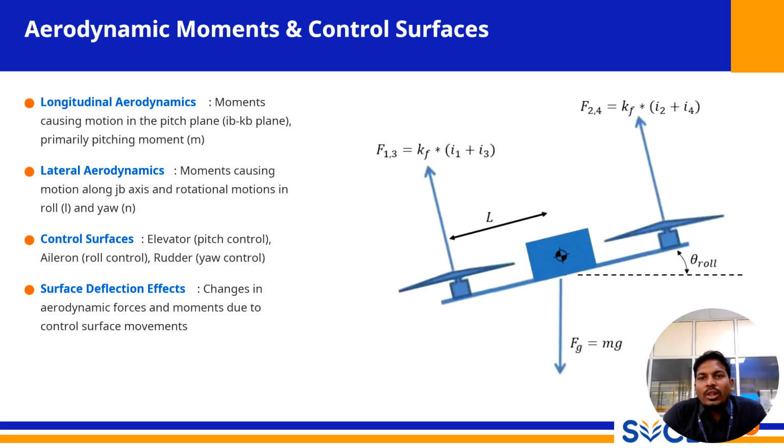The same principle applies for generating pitch and yaw moments. So whether it's through a subtle deflection of a control surface or a rapid adjustment of motor speed, the core principle is the same. We create controlled movement to change the MAV's attitude and direct its flight.